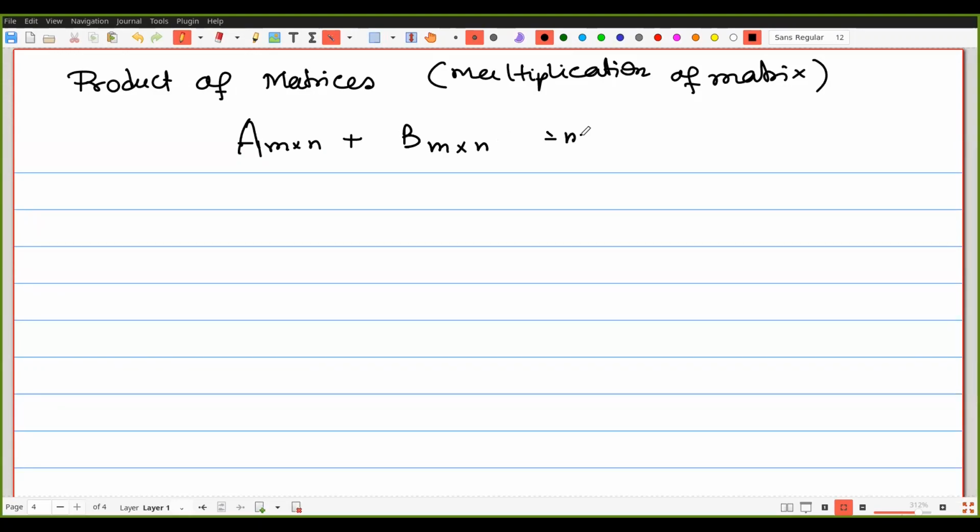That is true, and we get the result as m cross n. When it is matrix multiplication with a scalar, there is no problem. Whatever the matrix order is, we get the same result, that means the same order. Now the matrix multiplication. Suppose we have a matrix A, another matrix B.